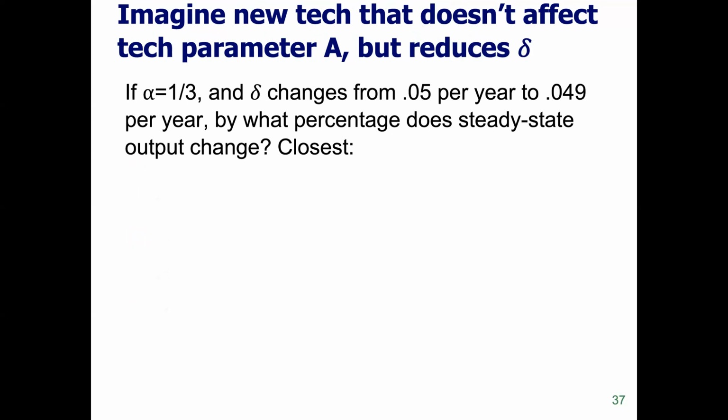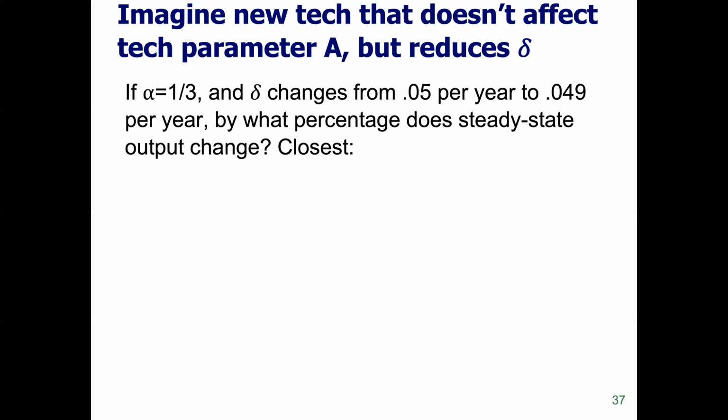Okay, now here we have something actually quite difficult. We're talking about a change in the logarithm. So we're talking about a percent change in something that already looks like an annual percent change.